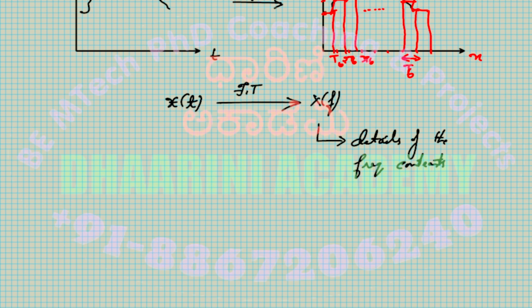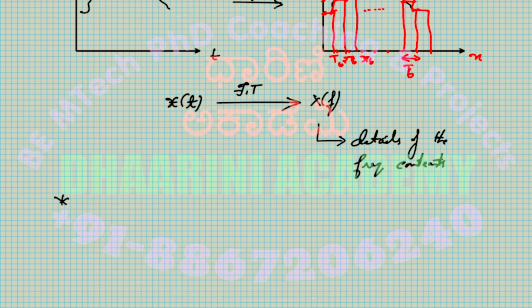By doing some changes in your x of f, you get to know one very important aspect, that is called power. How much power is present in each of the frequencies? Have you heard any term which relates power to frequency? Absolutely perfect.